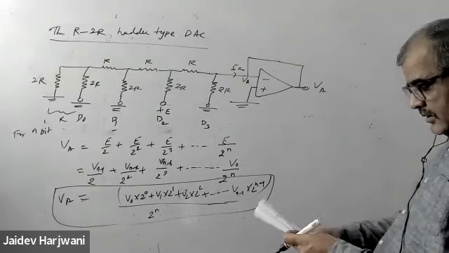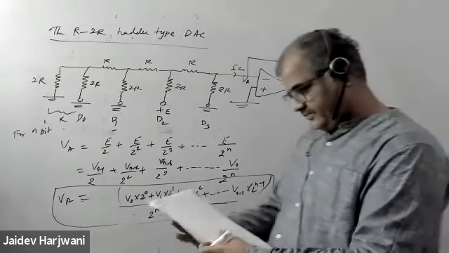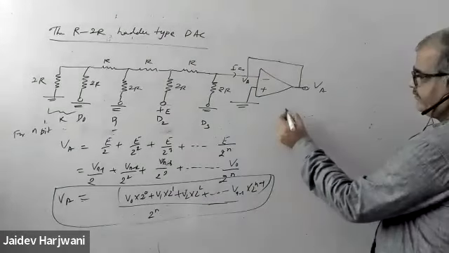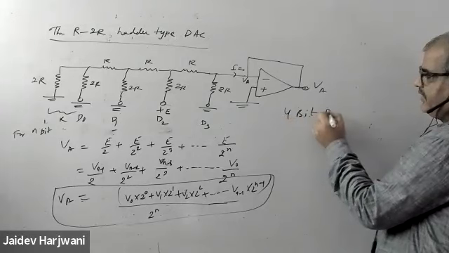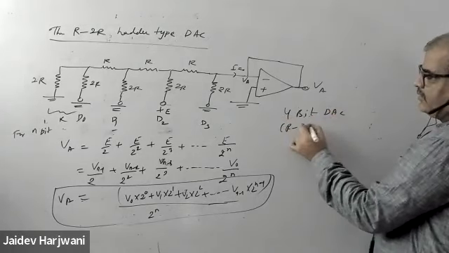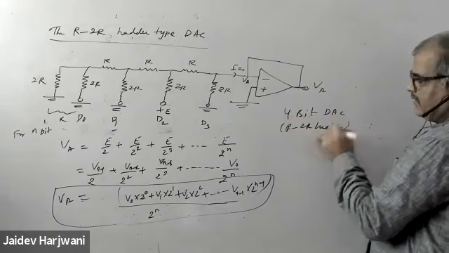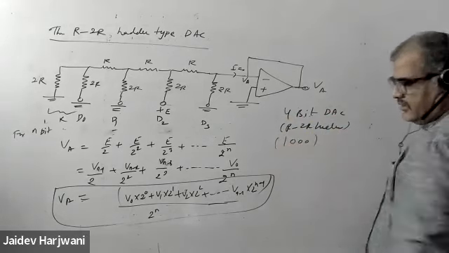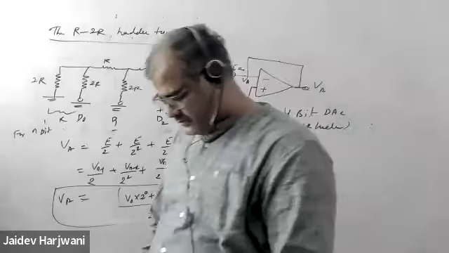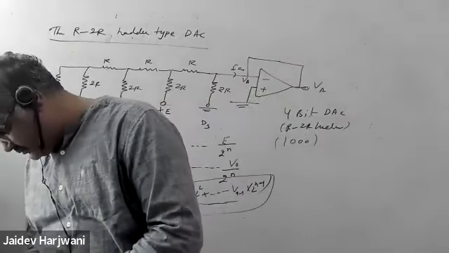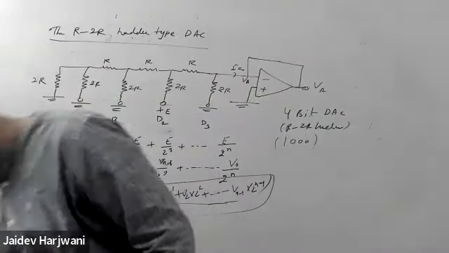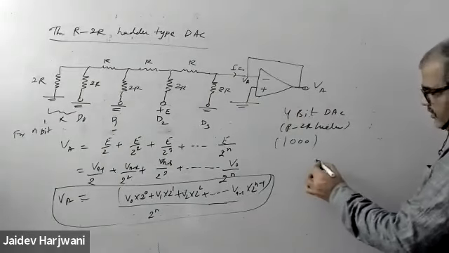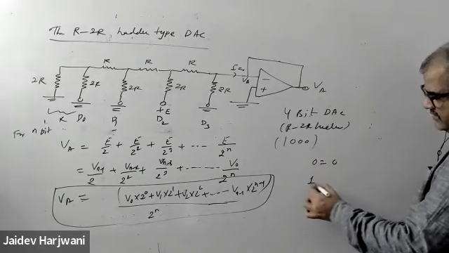For example, if I say you have a 4-bit D2A R to 2R ladder. Find the weight of 100, and high voltage, so 0 is equal to 0 and 1 is equal to 10 volt.